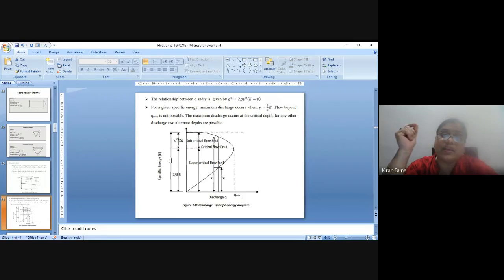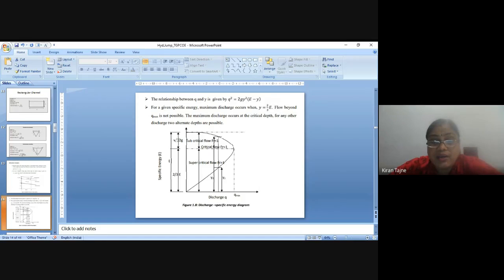For any other discharge, there are two alternate depths. Here three flows are shown: subcritical flow, critical flow and supercritical flow.